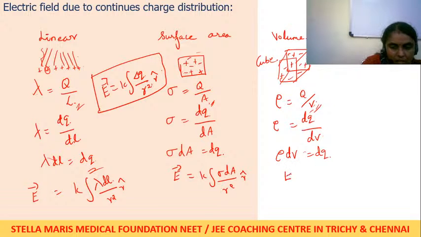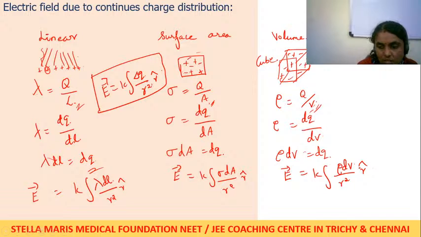Okay, so in this situation, E vector will be equal to K into integral of lambda dl divided by r squared into r cap, and for the volume distribution, rho dv divided by r squared into r cap.